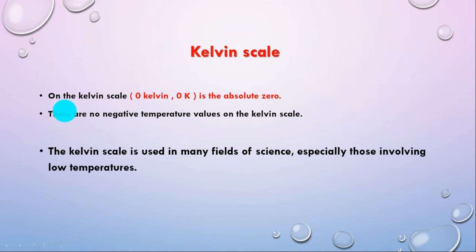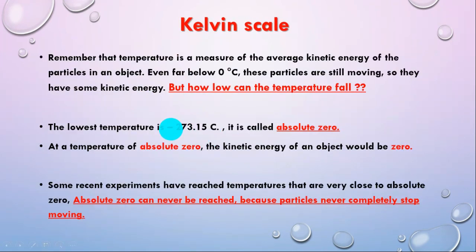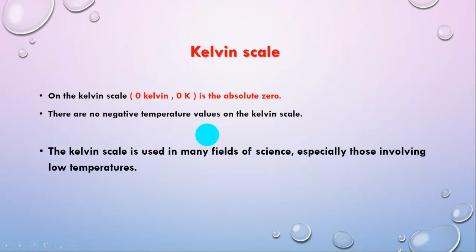So there are no negative temperature values on the Kelvin scale. This is the lowest temperature; we don't have less than 0 Kelvin. In Celsius we have negative 273, but in Kelvin we don't have negative values. The Kelvin scale is used in many fields of science, especially those involving low temperatures.